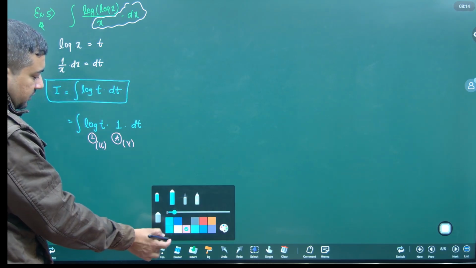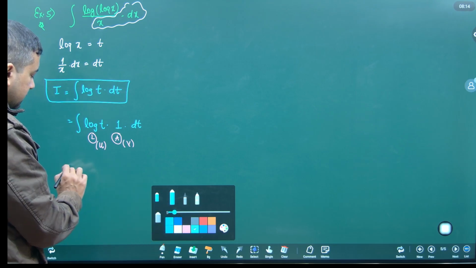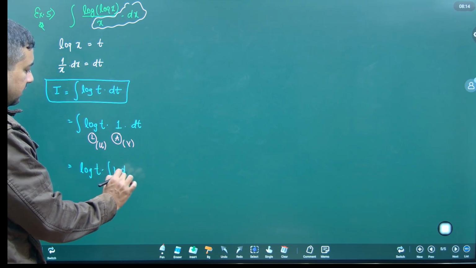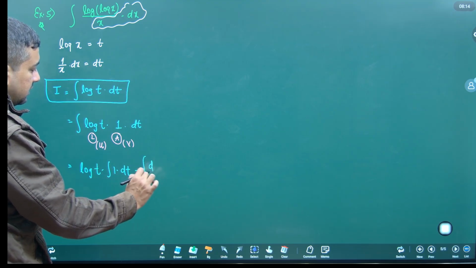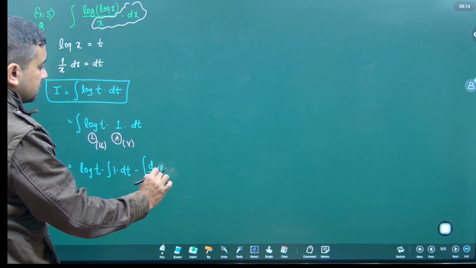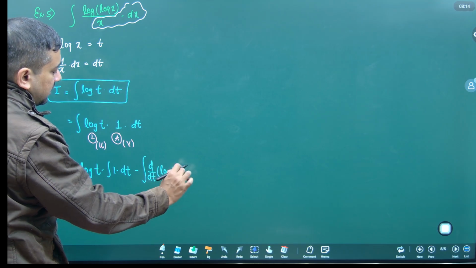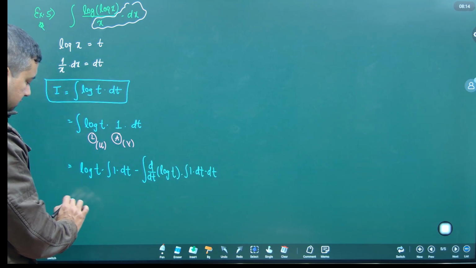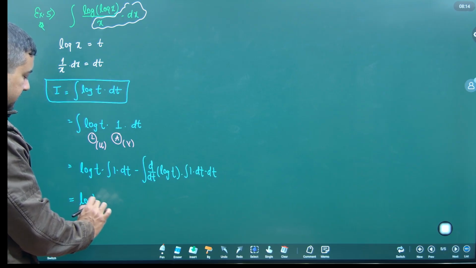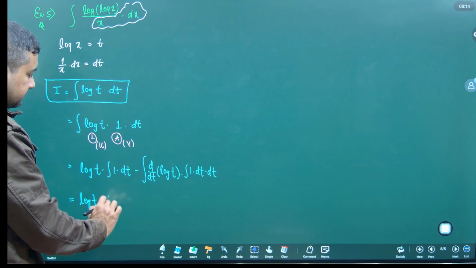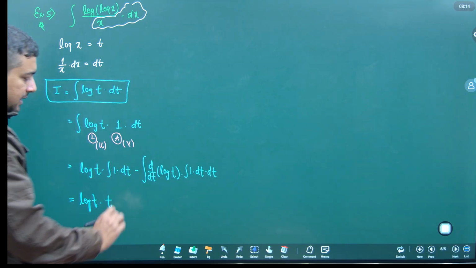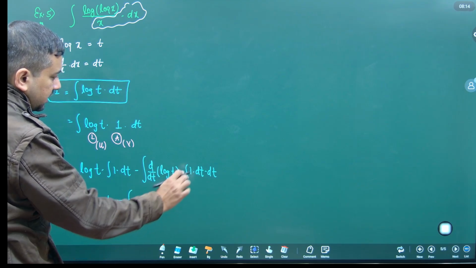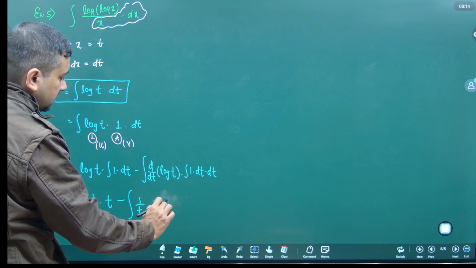So let us apply the formula of integration by parts. First function into integral of second minus integral of derivative of first into integral of second. So this becomes log t into what is integral 1, t, correct, minus integral derivative of log t into integral of 1 into dt.